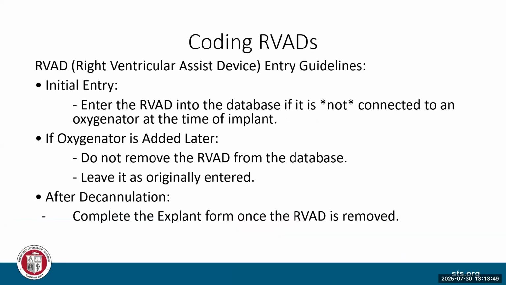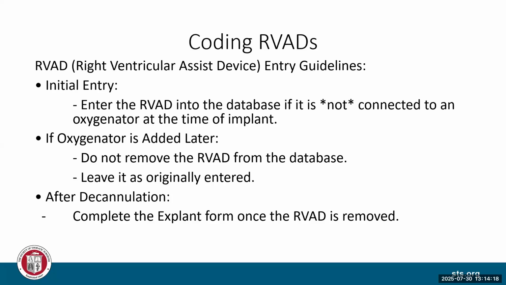So those of you that have been entering data into Intermacs for a long time, you know that we're not an ECMO registry. So for a long time, when a device was connected to an oxygenator, it's functioning as ECMO. So we used to have you explant the device, and then once the oxygenator was removed, you would add the device back in.